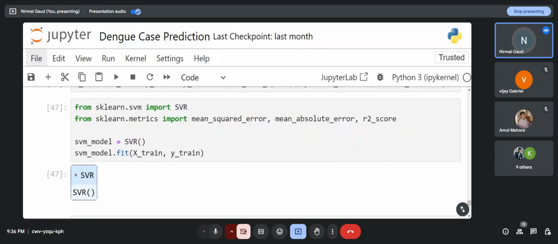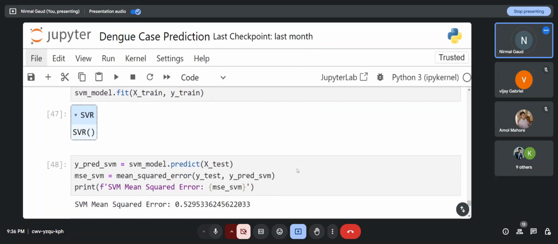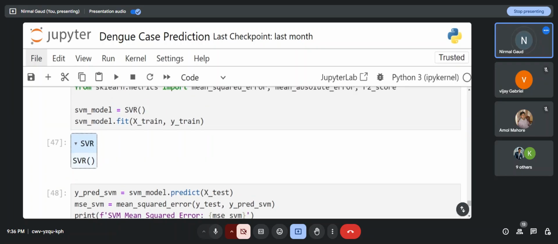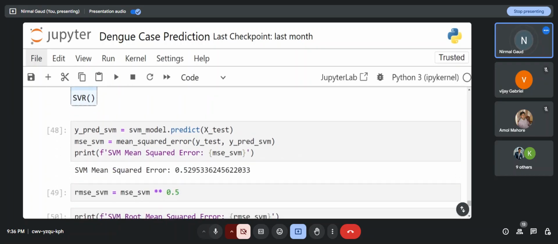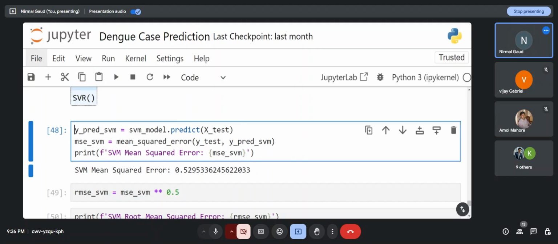Mean square error, mean absolute error, R2 score, all the evaluation criteria I applied and fit my model into SVR. So once my model got trained, I asked for prediction and checked the scores.